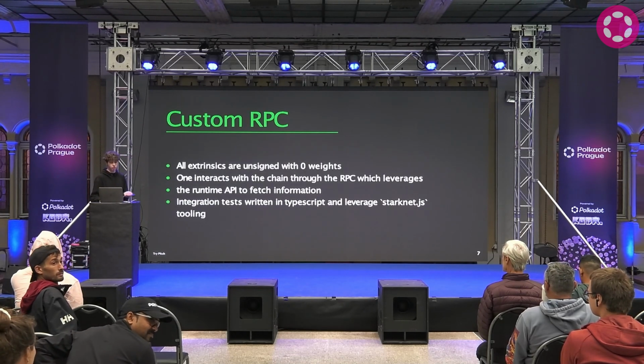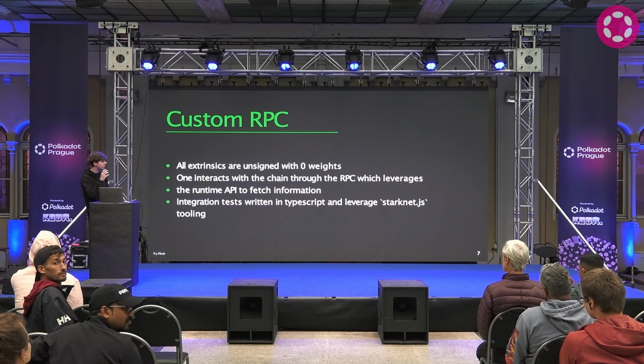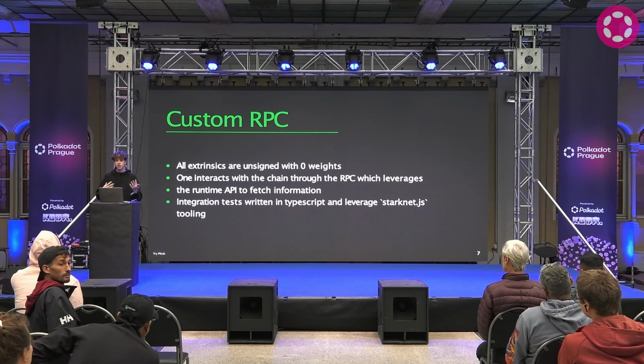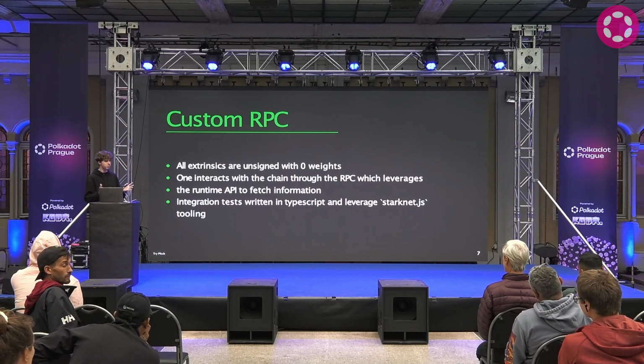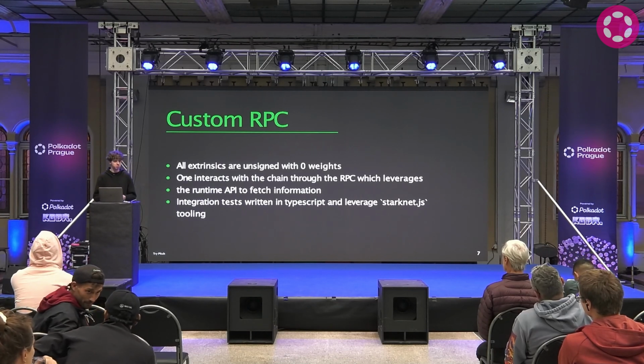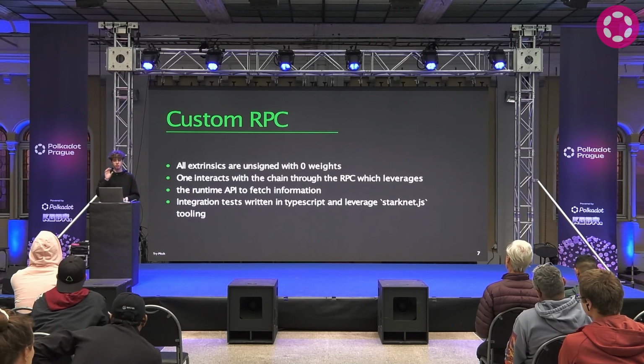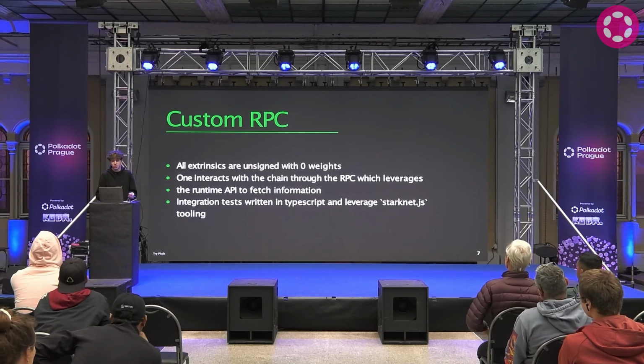Then there is the custom RPC. Let's talk a bit about this, because usually with parachains you have the Polkadot RPC, which comes out of the box and has a lot of different endpoints to call the extrinsics of your pallet. But here we cannot do this.